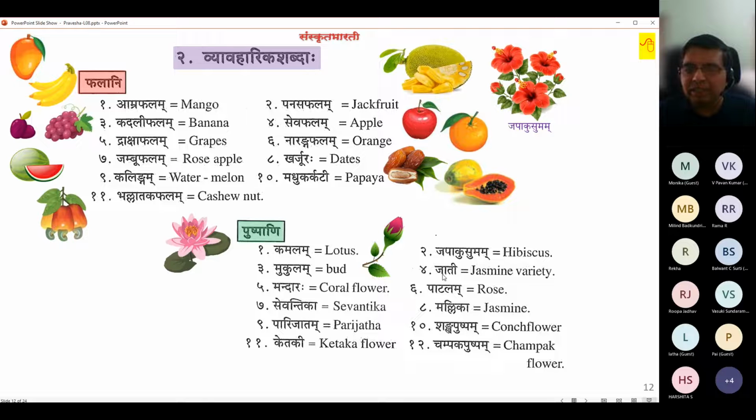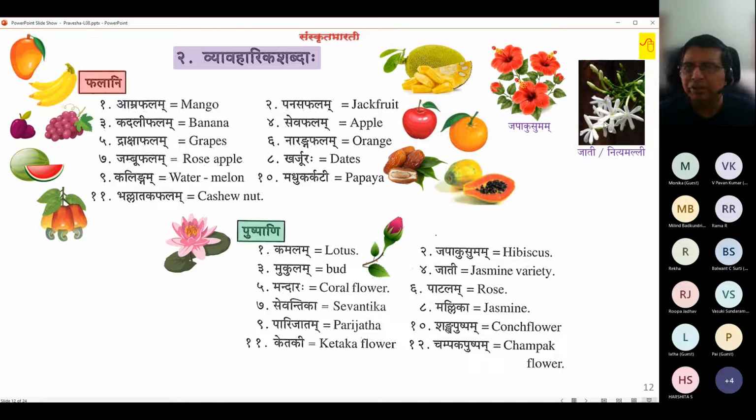Then Jati. This one is actually a climber jasmine, Jati Pushpa. We call it Jaji in Kannada. I don't know what it is called in other languages. In front of our house, on a trellis, this grows abundantly. So Jati Kusumam, a jasmine variety. It flowers profusely for a long time in bunches and smells beautiful in the evening.